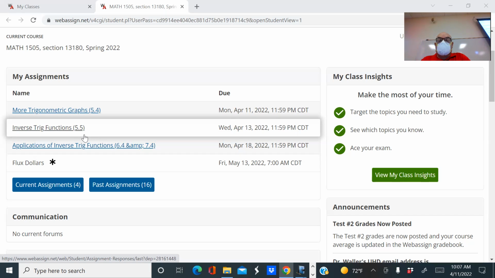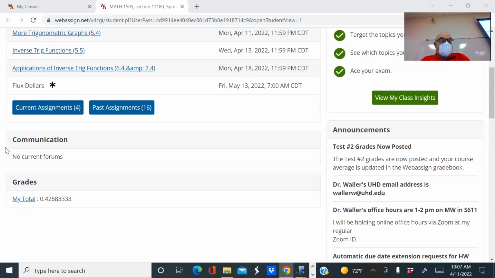You can see your course average in WebAssign, right there under my total. Of course, my total is really low, but your total is going to be higher than this. However, you don't want to have a total grade that should be passing, or maybe a B, or maybe an A, except you're not participating in the homework.